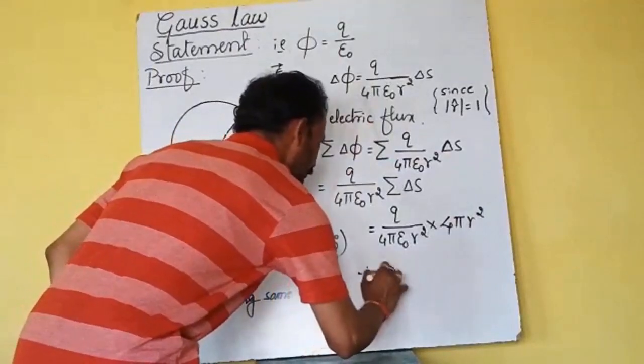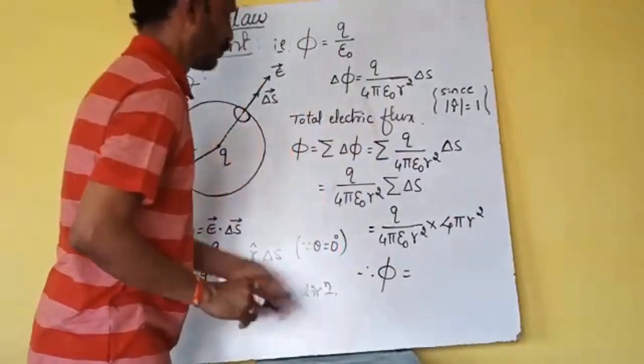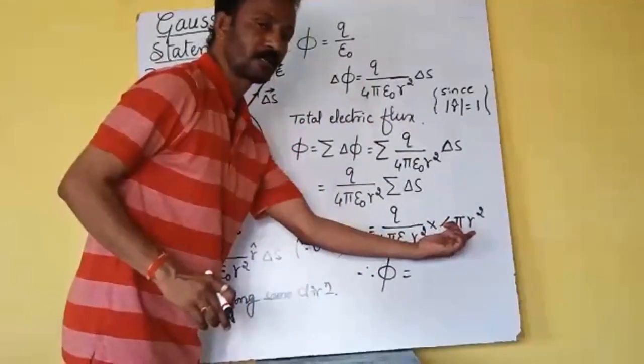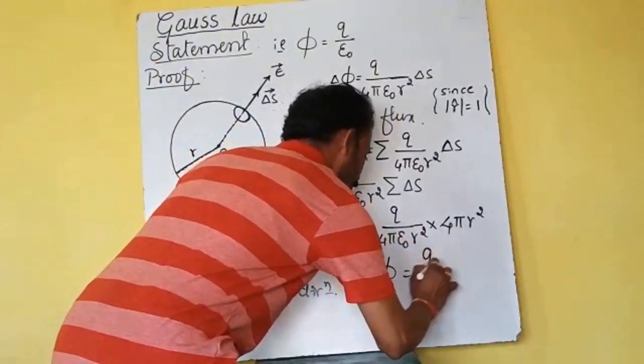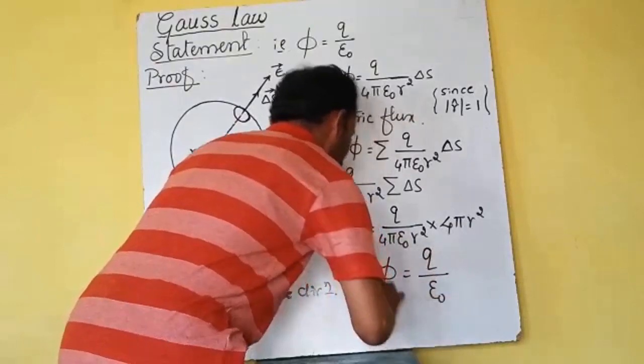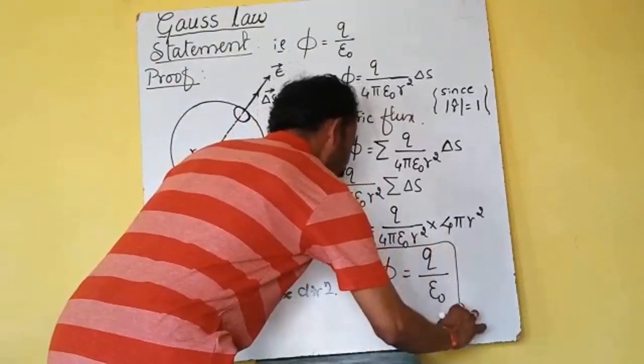Therefore, 4 pi r square cancels, and we get phi is equal to q divided by epsilon naught.